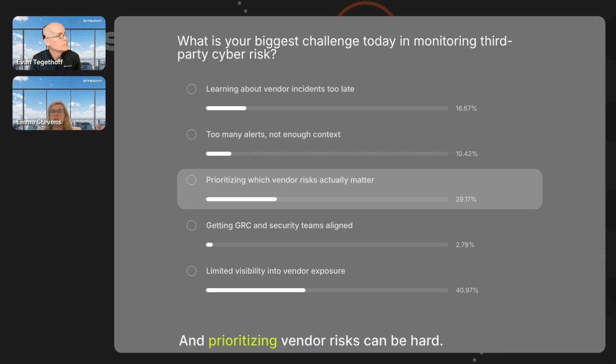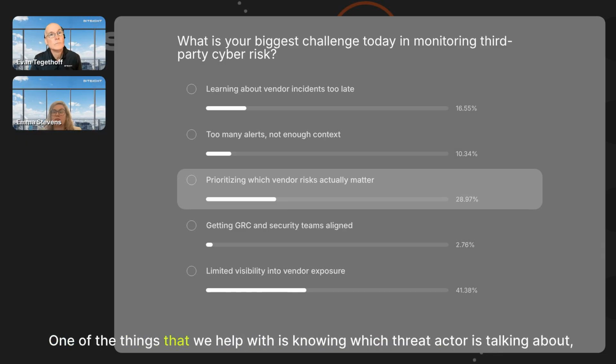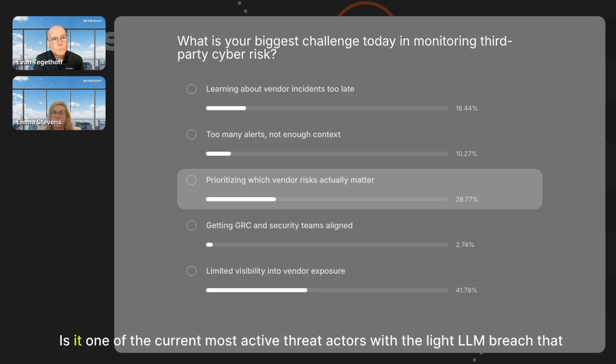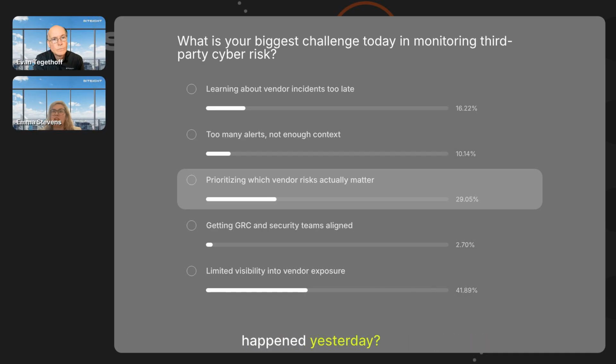Yeah, and prioritizing vendor risks can be hard. One of the things that we help with is knowing which threat actor is talking about which vendors or which vendor industries. And is this a big threat actor? Is it one of the currently most active threat actors? With the LiteLLM breach that happened yesterday, we found that Team PCP was 300% more active than other similar threat actors.